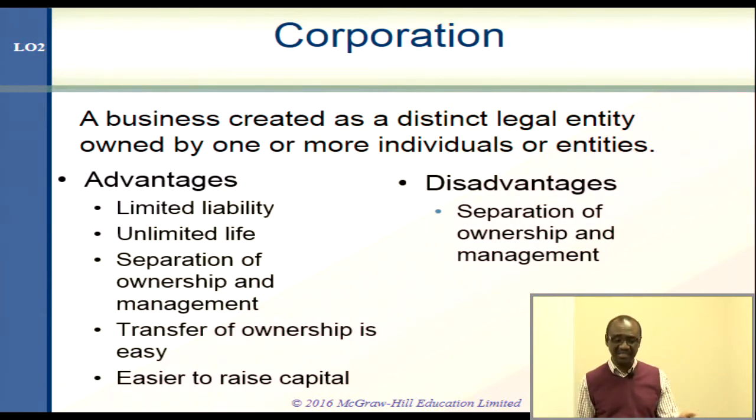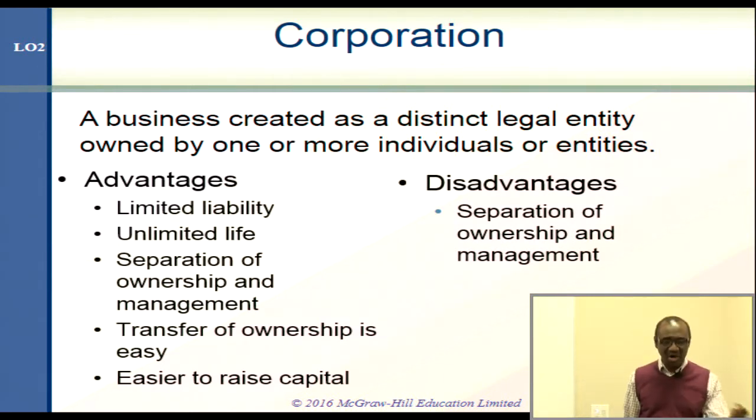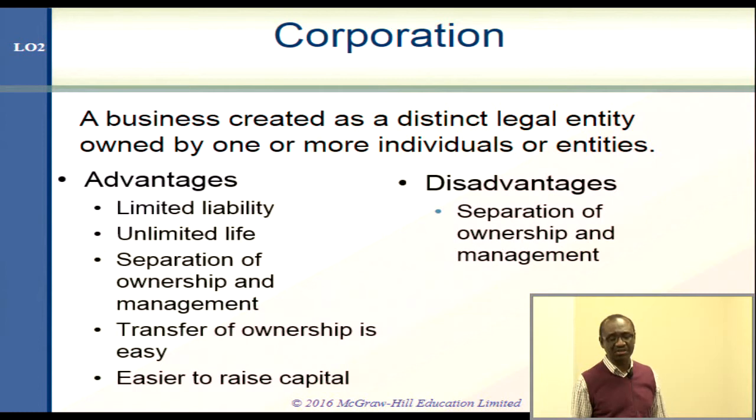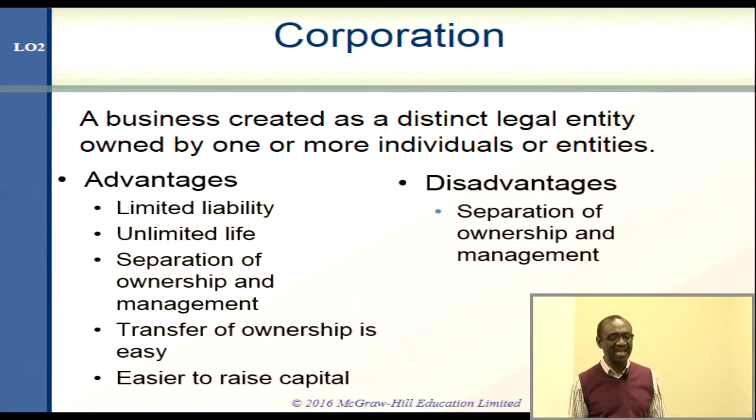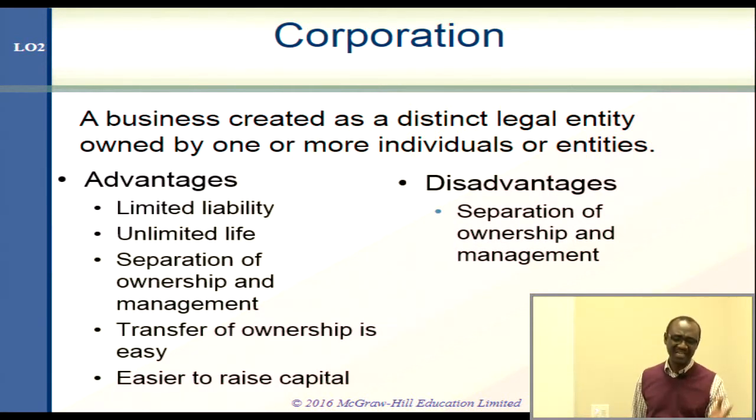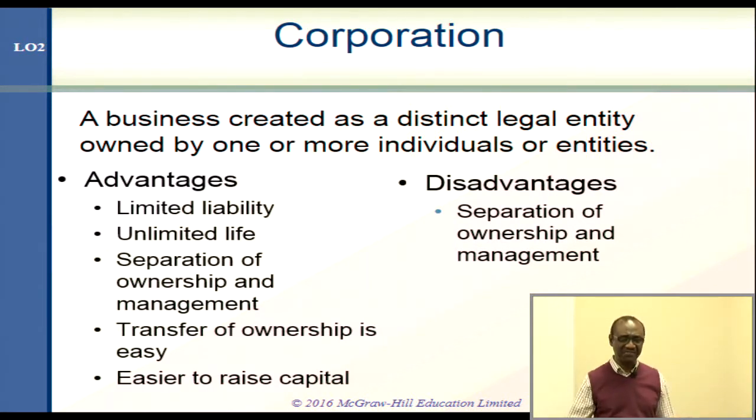On the other hand, management also wants a good chunk of the revenue generated by the company through salaries. And as such, there's an increase in cost, which goes directly in conflict with the goal of the owners. And as such, there's conflict of interest. So this is a big disadvantage to this organization.